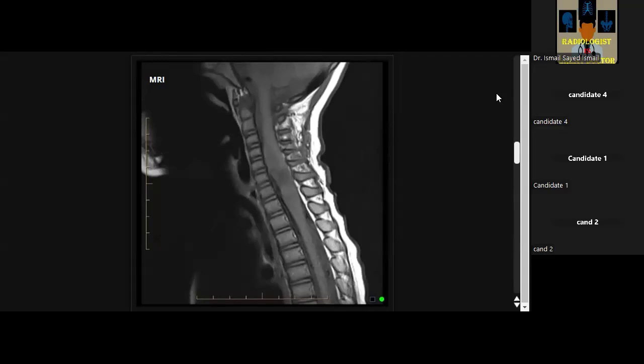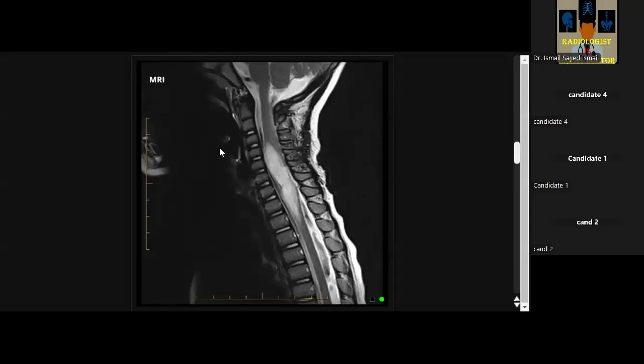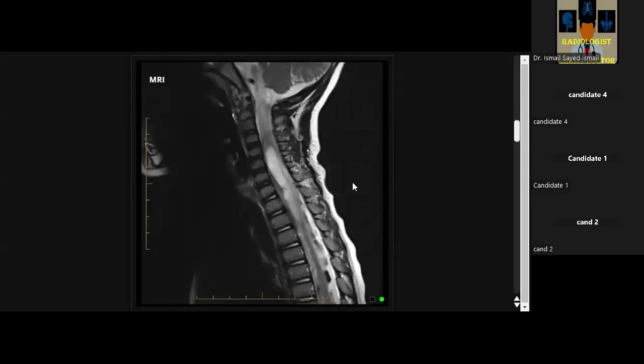Now I want to see the T2 weighted images, and the post-contrast images. On T2 weighted images, the abnormality I have noted previously appears hyperintense.